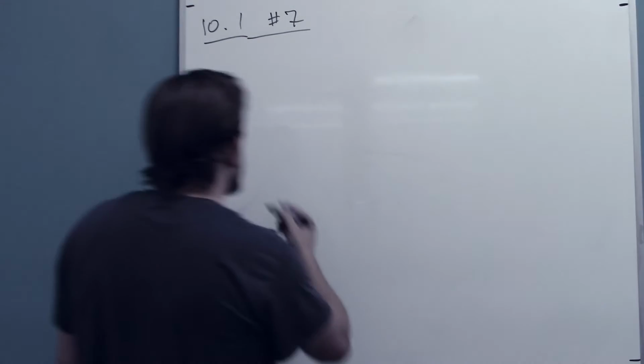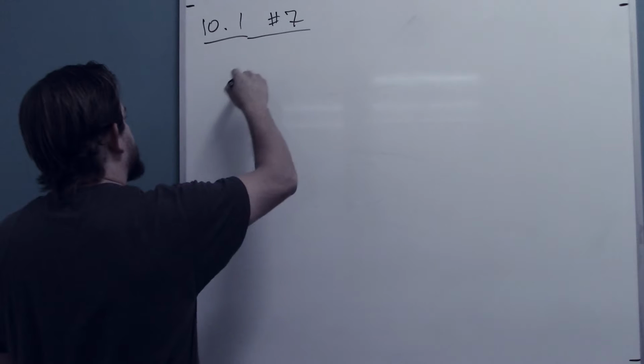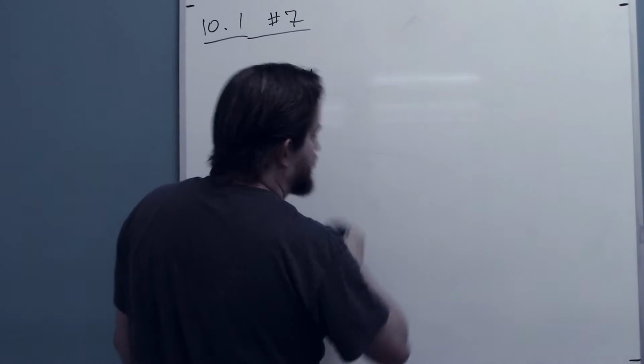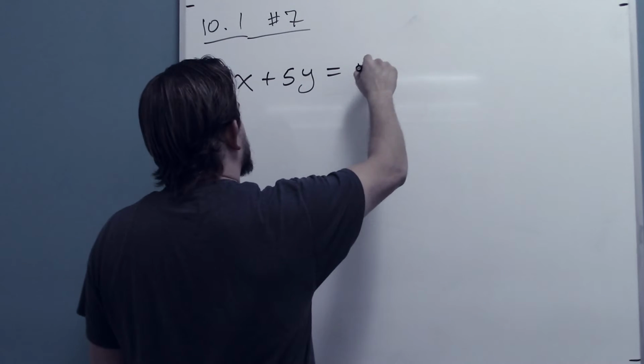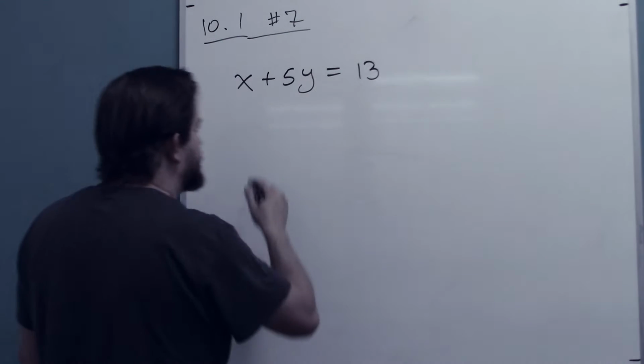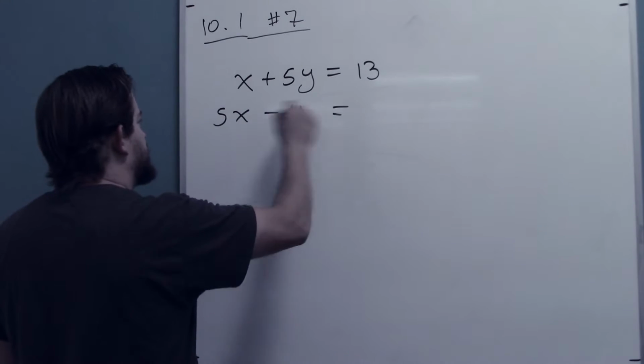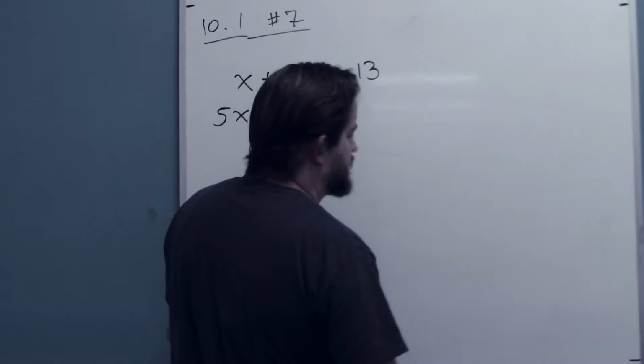Our system is x plus 5y equals 13, and 5x minus y equals also 13.